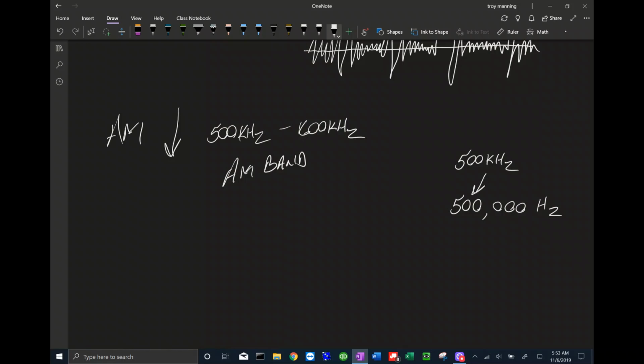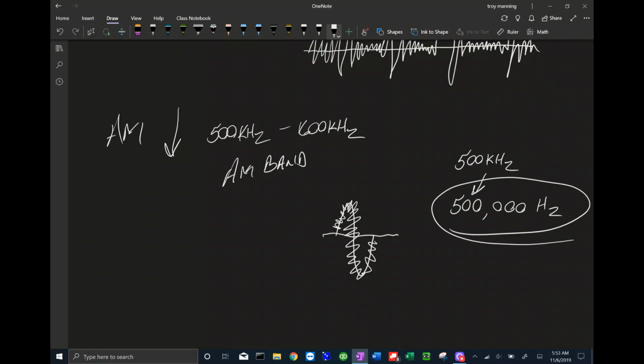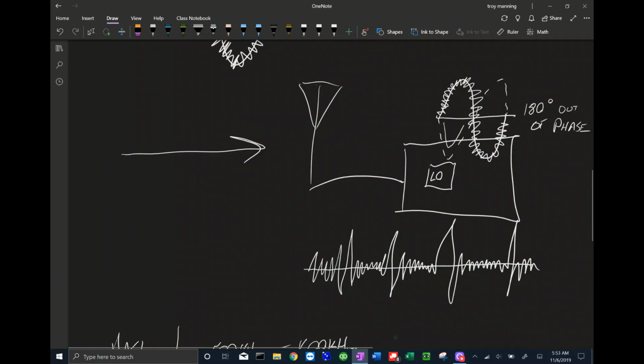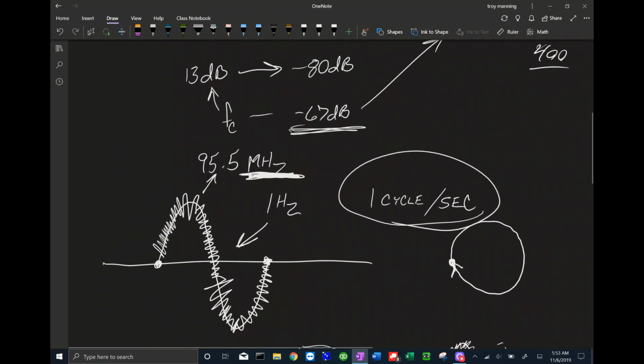So what we do is we make it go up, down, and back 500,000 times a second. And every time it's going, it's still got the audio riding along with it. So 500,000 times a second is what our carrier wave is. So talk about vibrating.